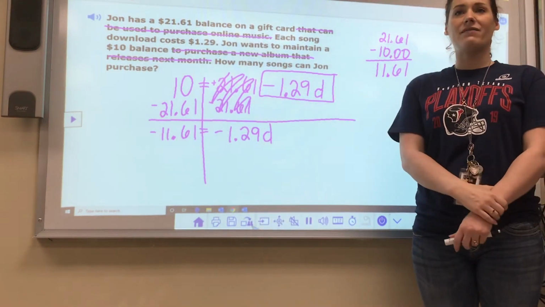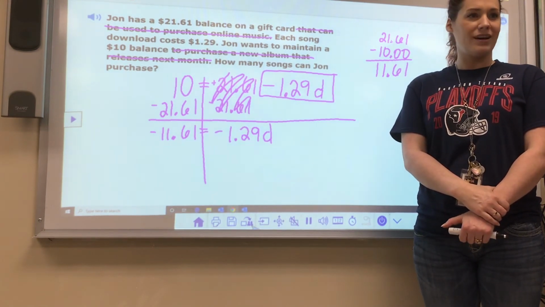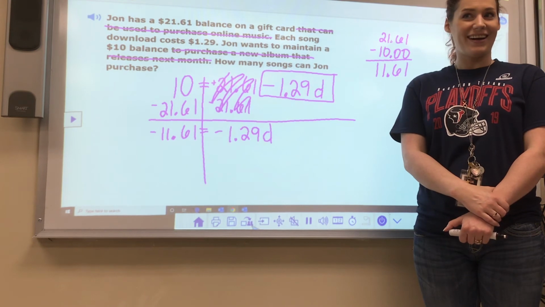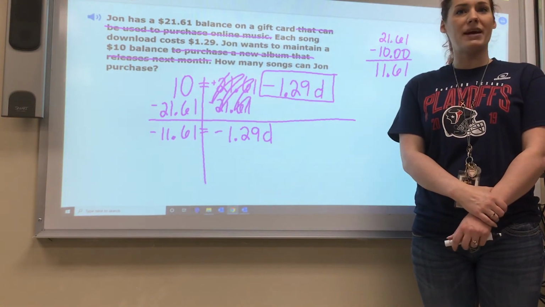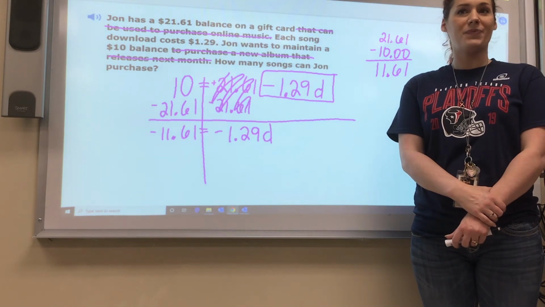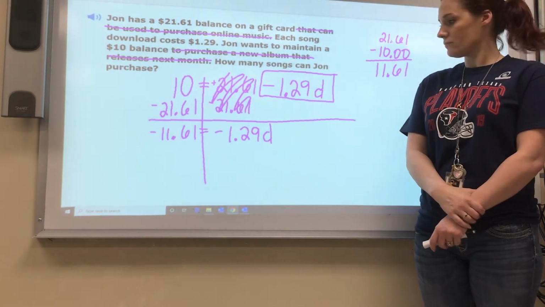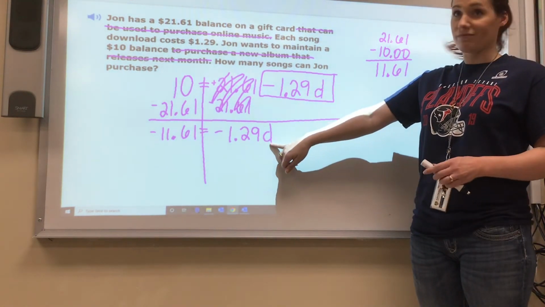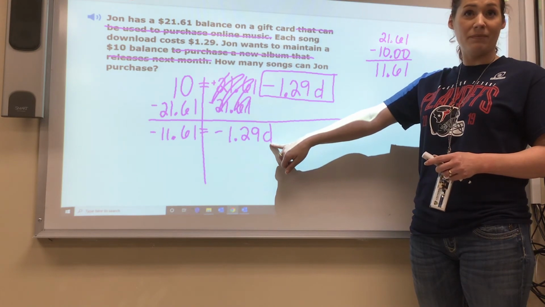Is it okay that I have negatives, but I'm talking about how many songs I can download? Yeah. Not really in my answer, but what's going to eventually happen? What's my next step? Sam? Divide.